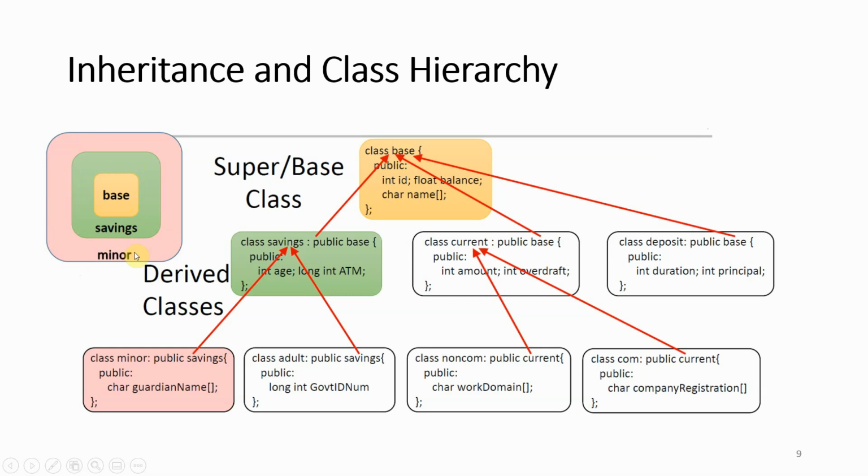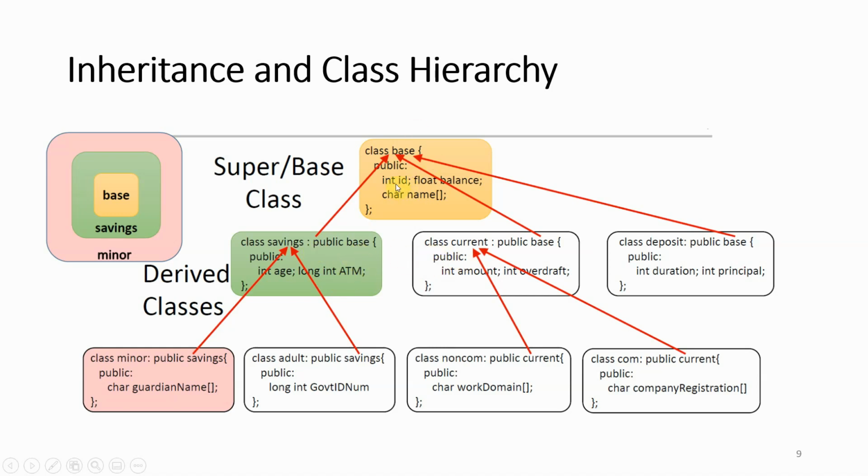In addition to that, it has additional member variables and functions. So this is how the hierarchy works. One thing that I wanted to mention here is that there is no relationship between these children, right?